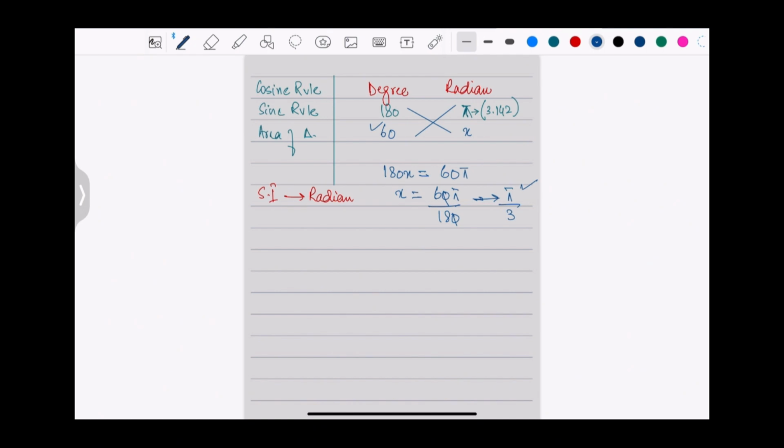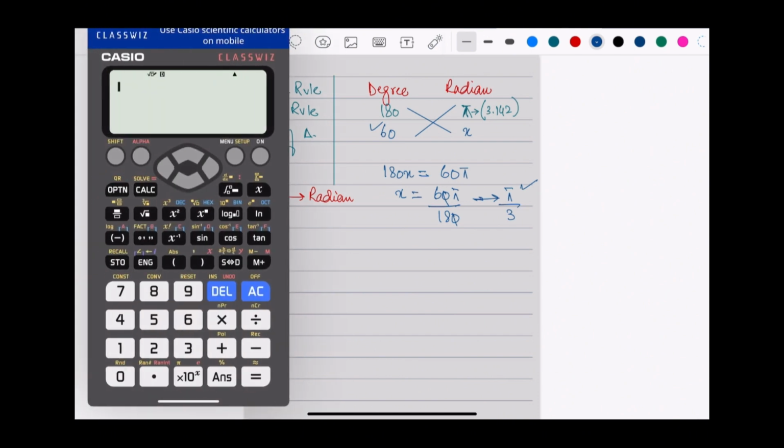Now before starting off with this topic, and even in the examinations or while solving the questions, you need to be mindful that the calculator must be in radian mode. And how to do that?